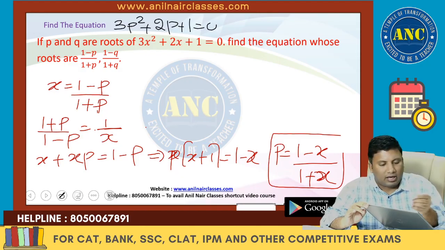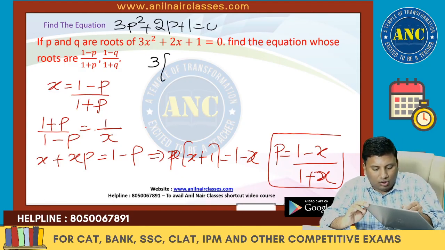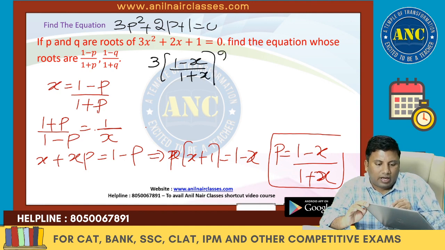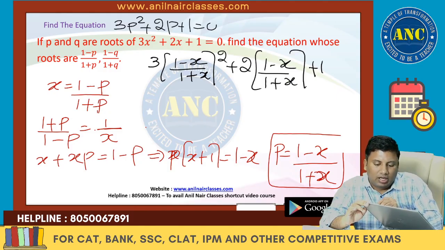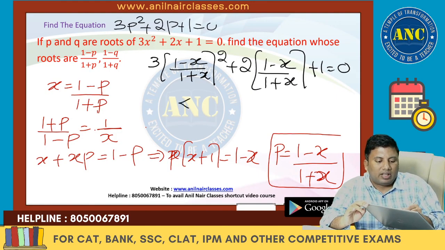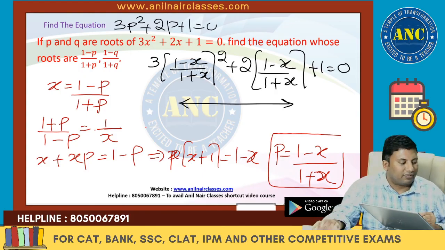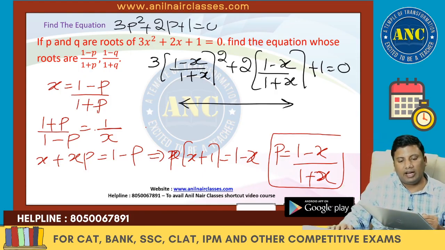This is nothing but 3 into ((1 minus x) by (1 plus x)) whole square plus 2 into (1 minus x) by (1 plus x) plus 1 equivalent to 0. Whatever answer you get, that itself is the answer. I hope the idea is clear.